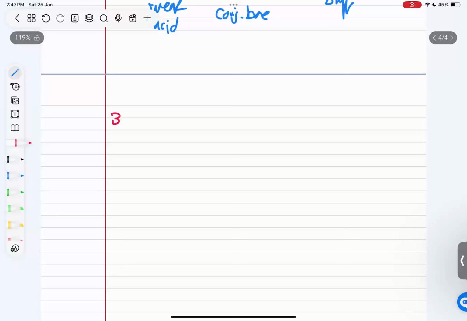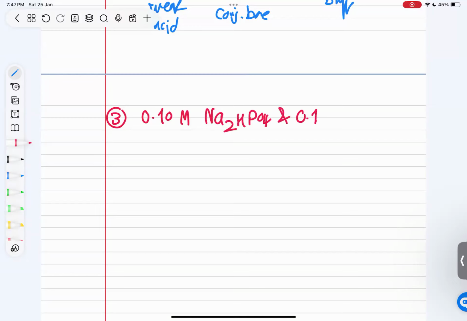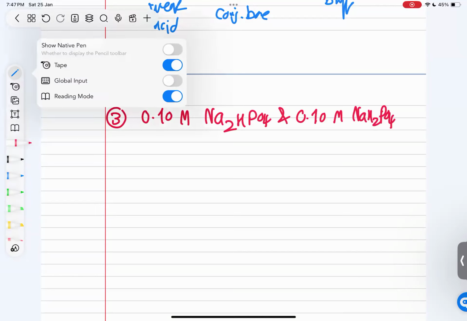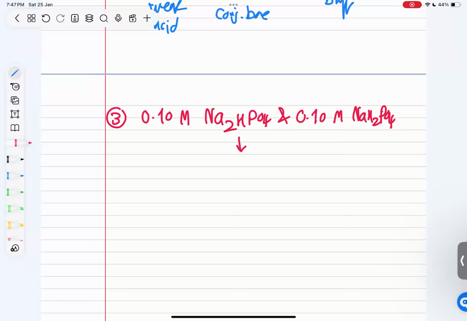One more example is if I put 0.1 molar of Na2HPO4 and 0.1 molar of NaH2PO4. I can see that this is a weak base, and this is a weak acid.